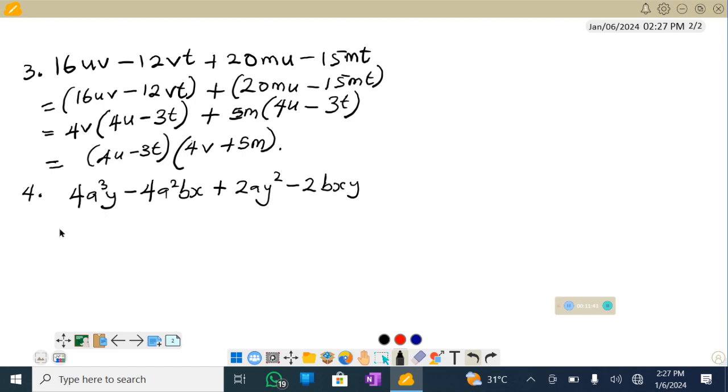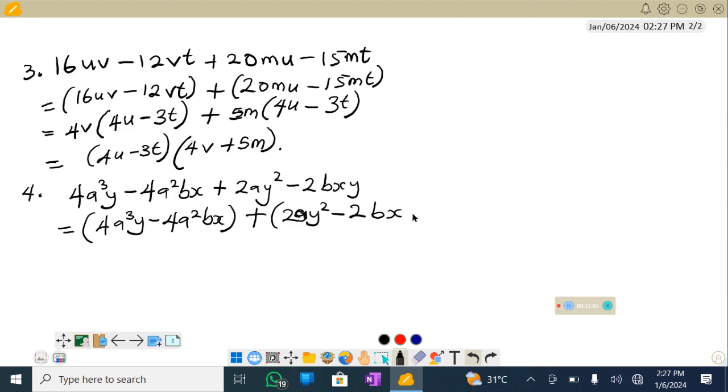So you have 4a cubed y minus 4a squared bx plus 2ay squared minus 2bxy. Okay. All right. So what do we have common? 4 is common. A is common. Okay. So we bring out 4a.